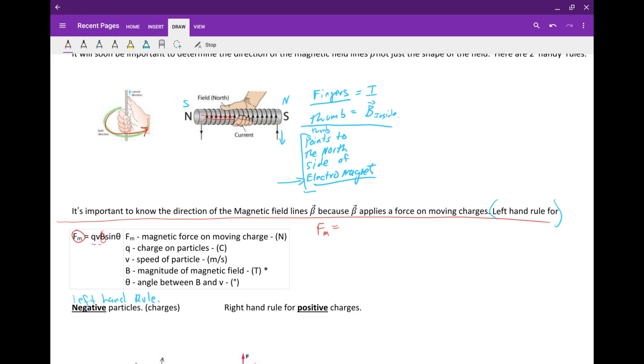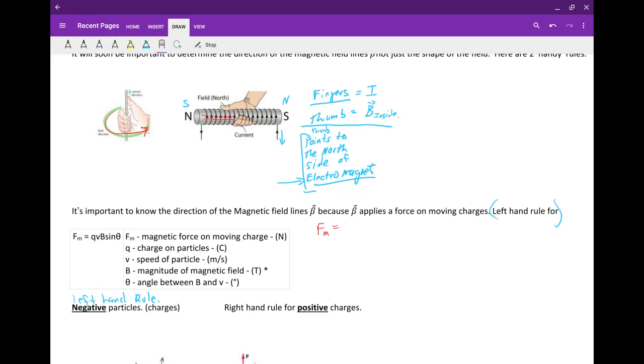And here, this sine is going to tell us the angle between the field itself and the particle's velocity, right? So let me go ahead and sort of define this.